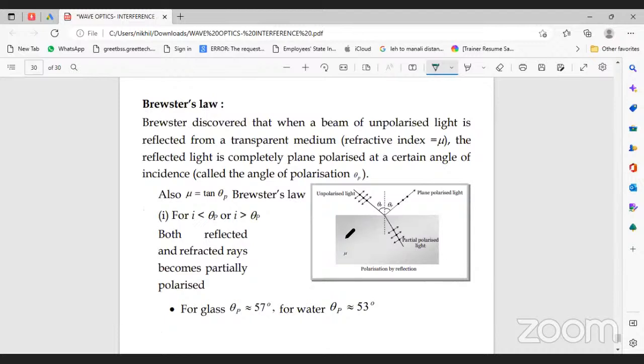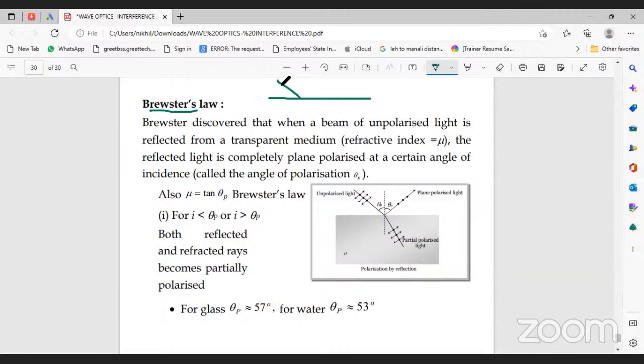Next concept, which is also very important, is Brewster's law. Before explaining the concept of Brewster's law, can you tell me these concepts? This is one interface.